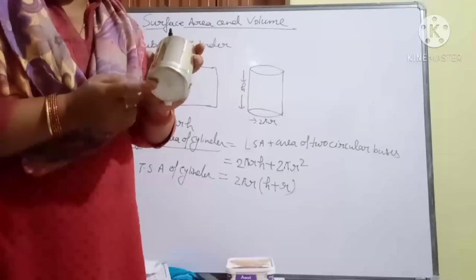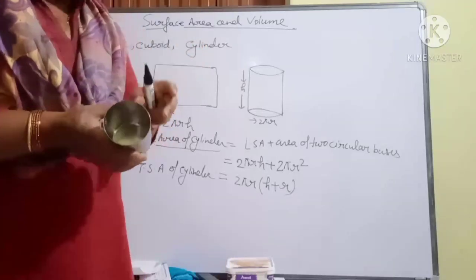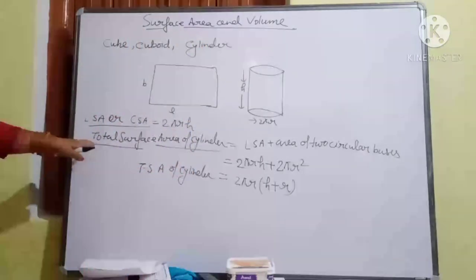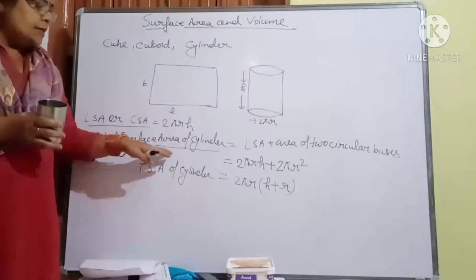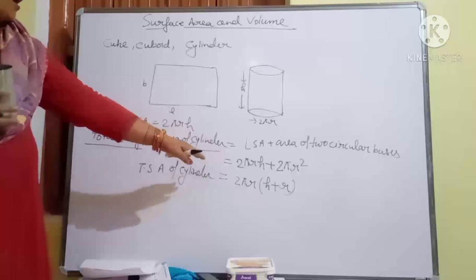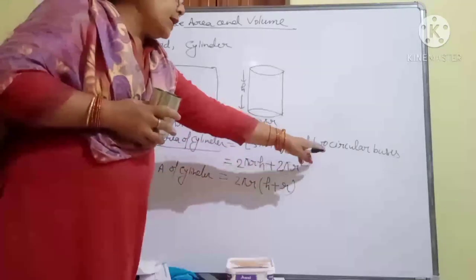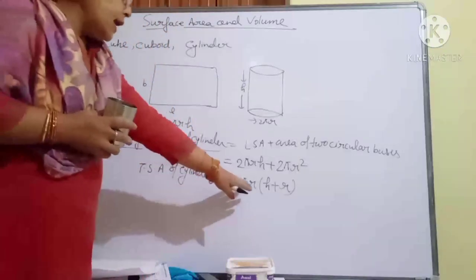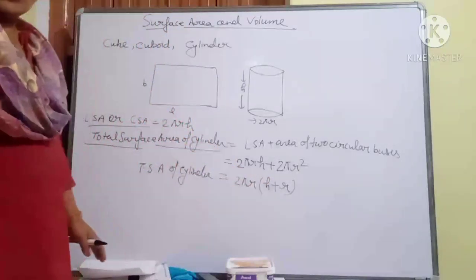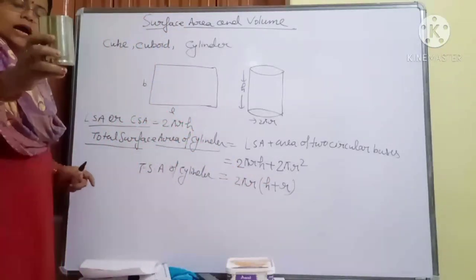Here only one base is there, from the top it is open. And for the total, if top and bottom both are included, its area will be lateral surface area plus area of two circular bases, and its formula will be 2 pi r bracket h plus r.